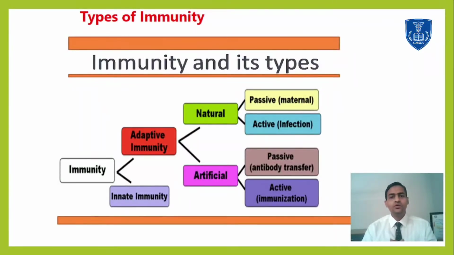So vaccination will only be effective when there is no earlier infection with that particular pathogen. So when there is infection, and before development of that particular disease, we have to give antibodies.